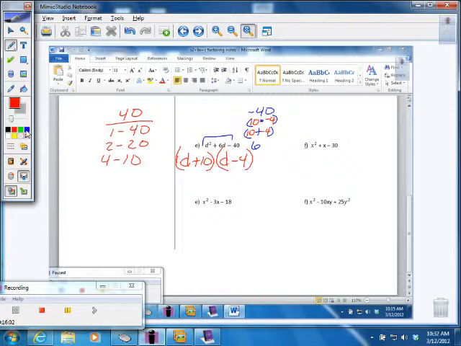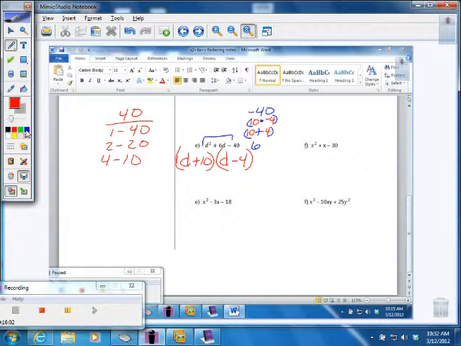If I have these two signs wrong, her question was, could I have -10 and +4? Is that what you're asking, right? If I have -10 and +4, that gives me -6. That's the difference. -10 plus 4 is -6, not +6. So I won't get the same thing here.